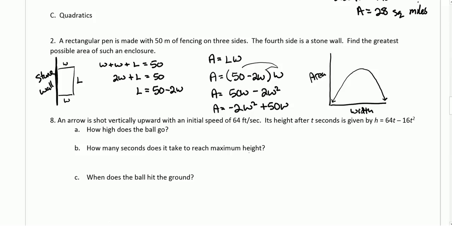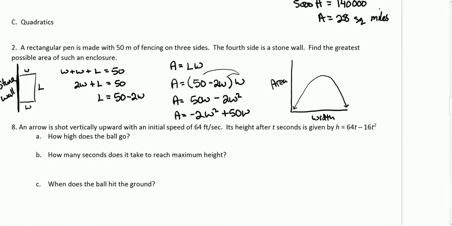So if we can find the vertex of this, then we can solve. So we want to put this in vertex form. I'm going to factor out the negative 2, and I'm left with W squared minus 25W.